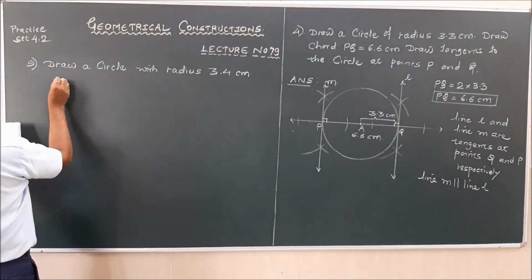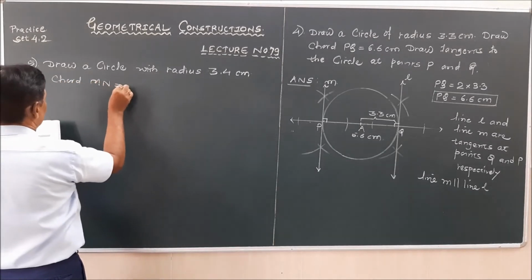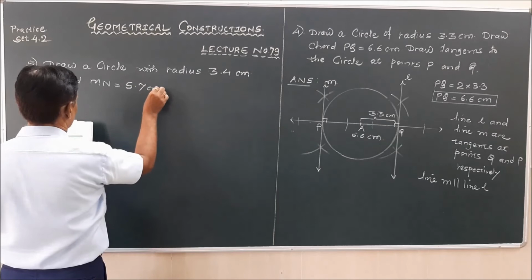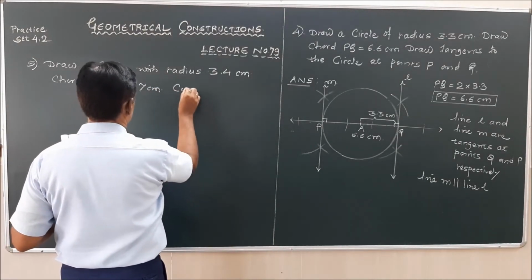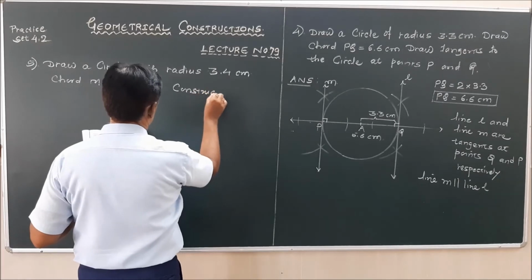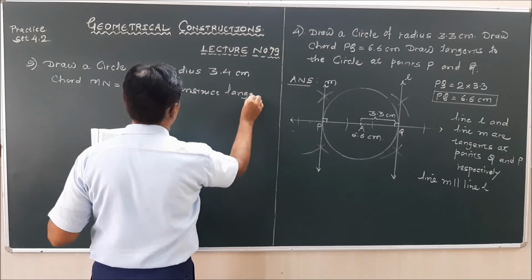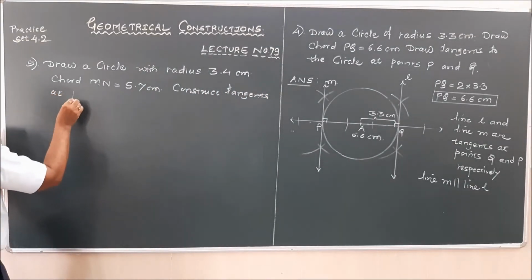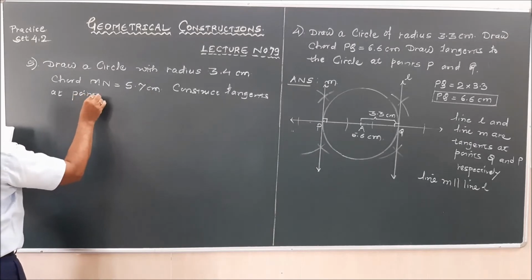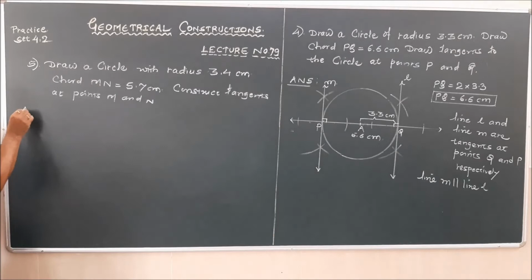Chord MN is 5.7. Construct tangents at points M and N.